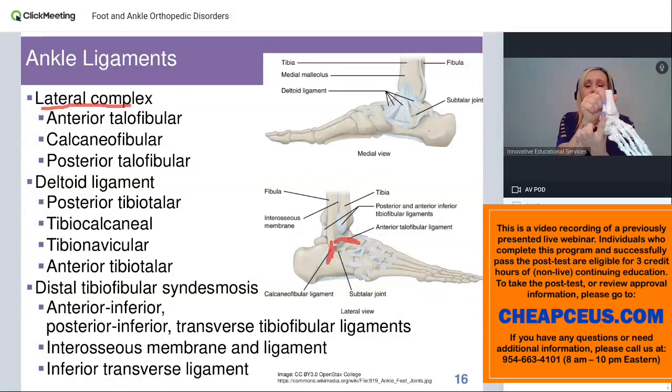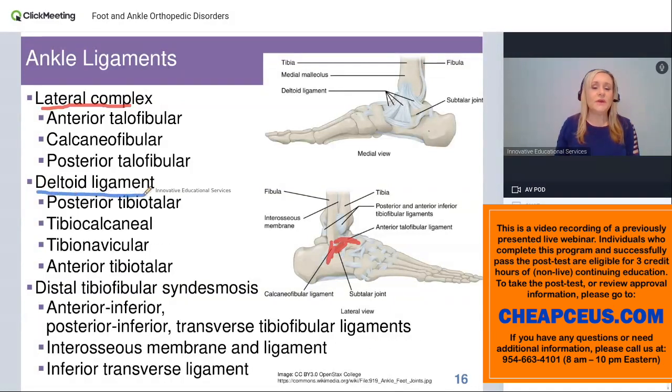And then the posterior talofibular ligament is usually the last one that is injured. Normally, we're going to see the anterior talofibular ligament, and then because a couple of those fibers of the calcaneofibular slide over and connect in, that could be a secondary one that is injured in that same incident.